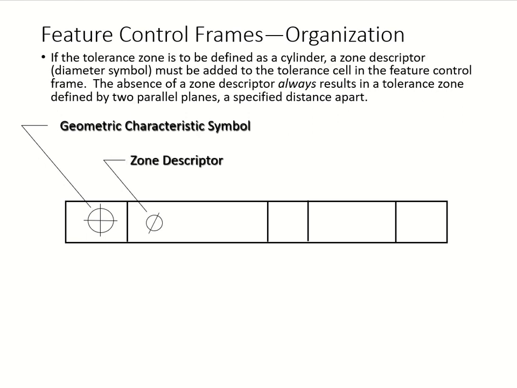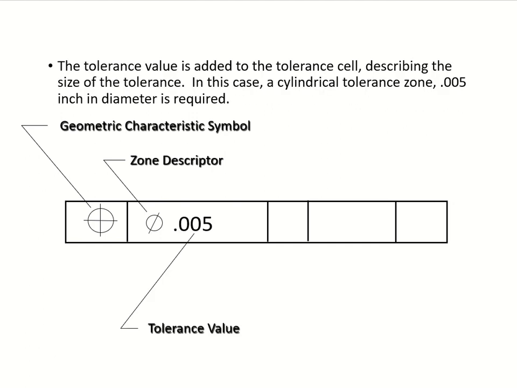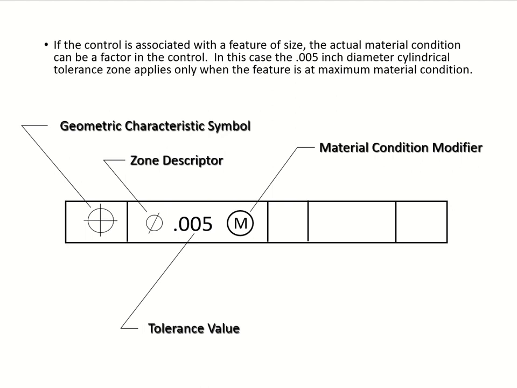Second one is a zone descriptor. The third one is your tolerance value. The fourth one is either MMC or LMC or RFS. So here in this case it is MMC, which is a material condition identifier, which is a big M, of course.